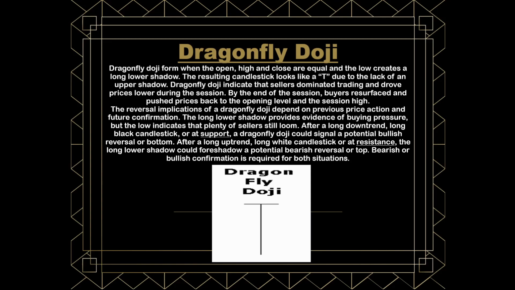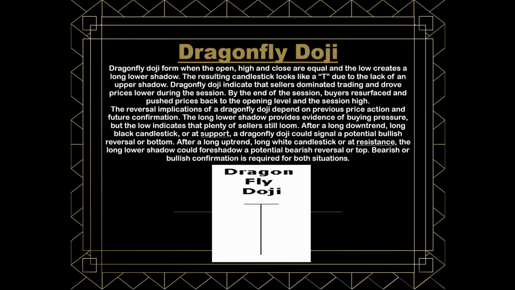The reversal implications of a Dragonfly Doji depend on previous price action and future confirmation. The long lower shadow provides evidence of buying pressure, but the low indicates that plenty of sellers still loom.